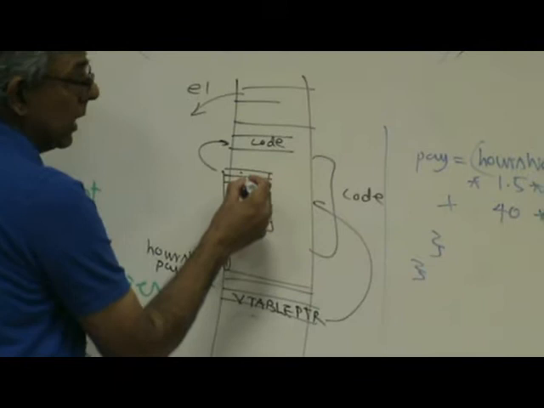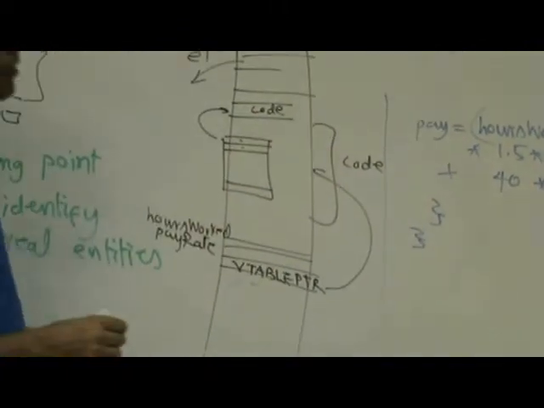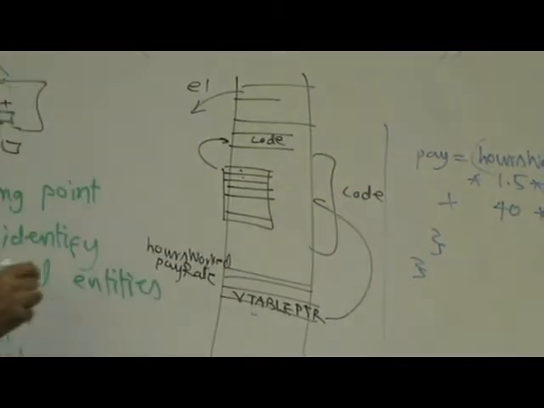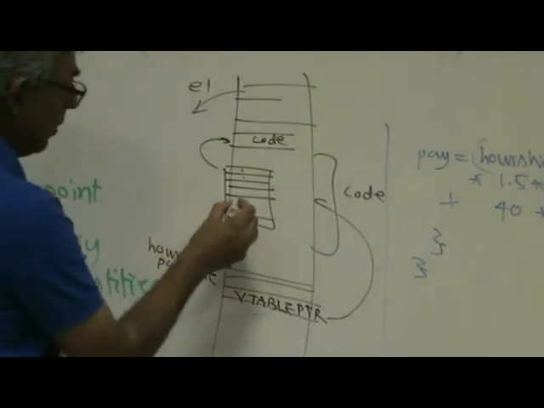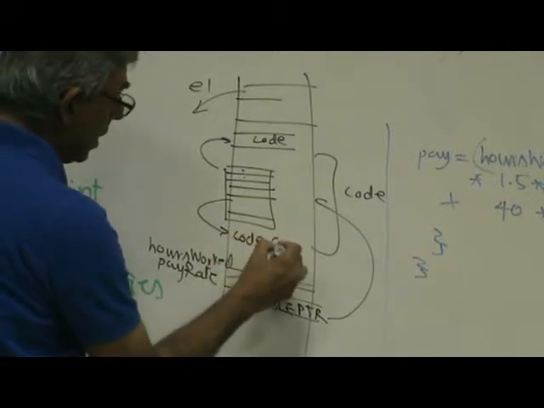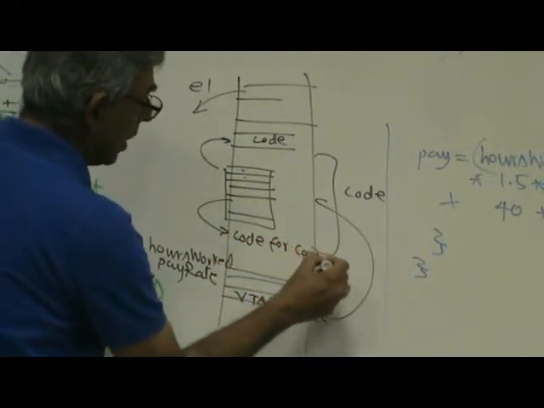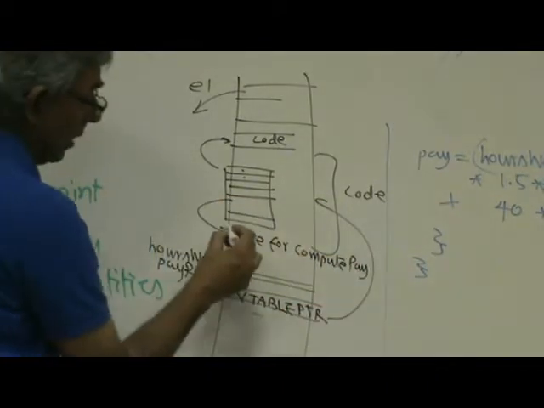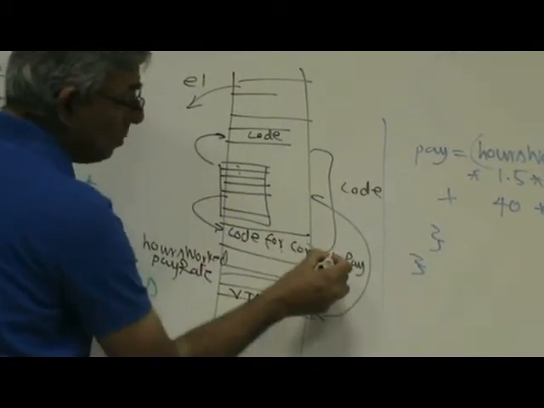So there will be a set and get for the hours worked, a set and get for the pay rate, and lastly there will be the code for ComputePay, correct?